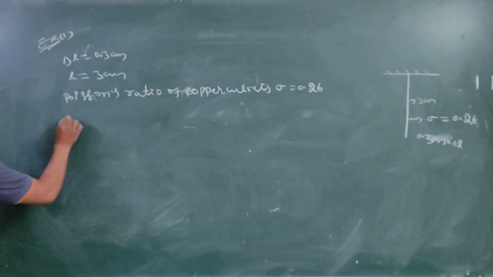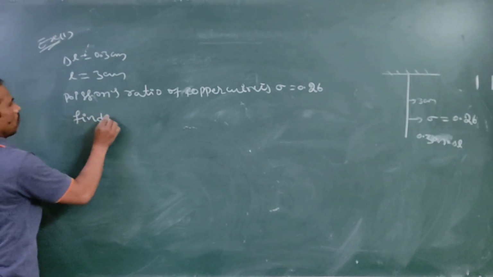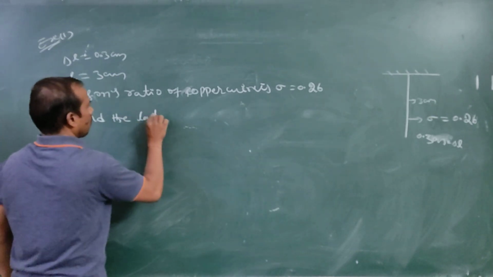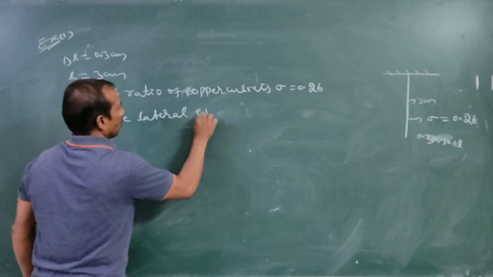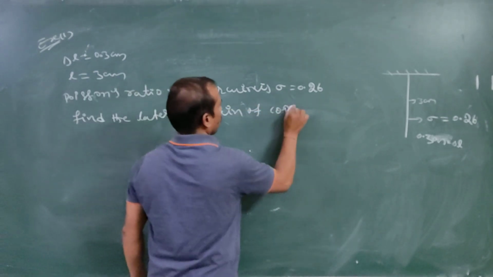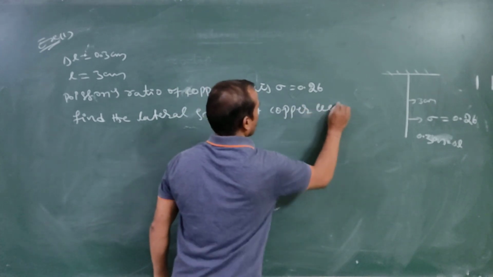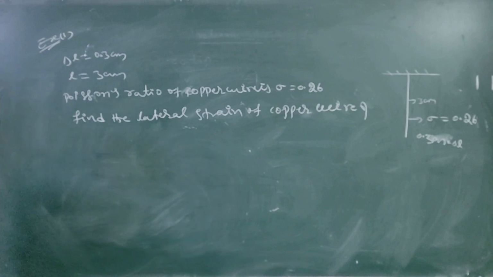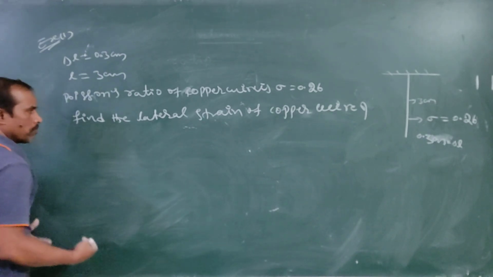Find the lateral strain of the copper wire. First of all, the formula of the Poisson ratio.